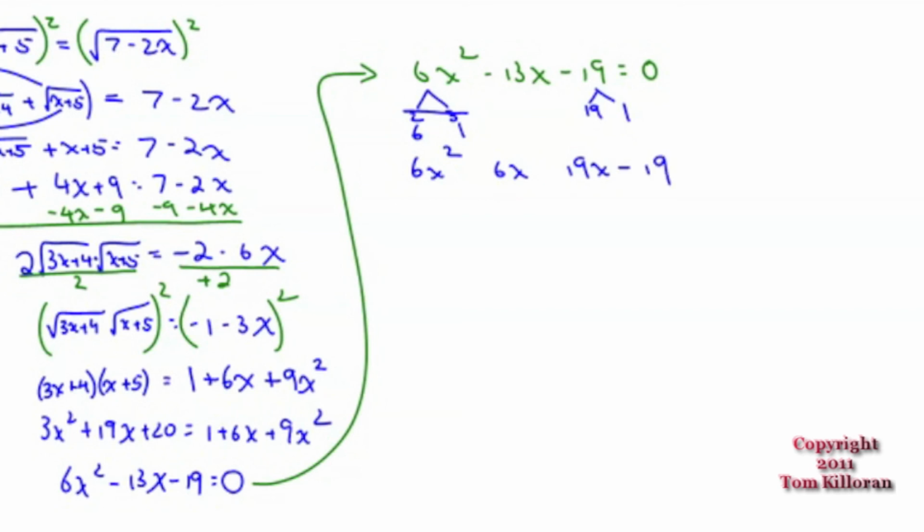The quick way sometimes with big numbers is just to try factoring the numbers into pieces. The most common would have been 2 and 3, but 3 times 19 minus 2 or 2 times 19 minus 3 isn't going to do me. So I separated it into 6 and 1, and if I do 6 times 1 and 19 times 1, I get 6 and 19, and they subtract up to 13, and it works.